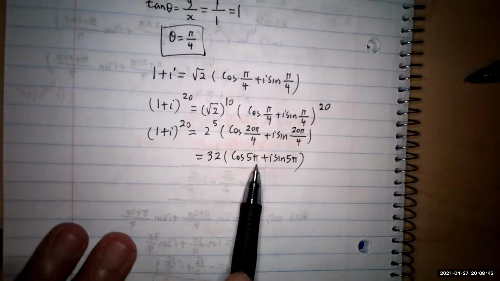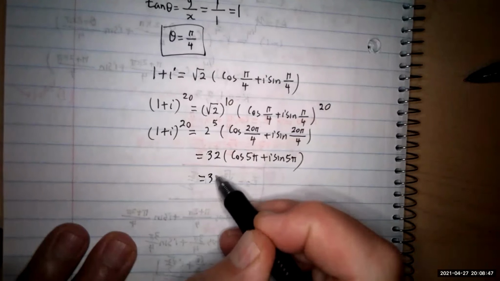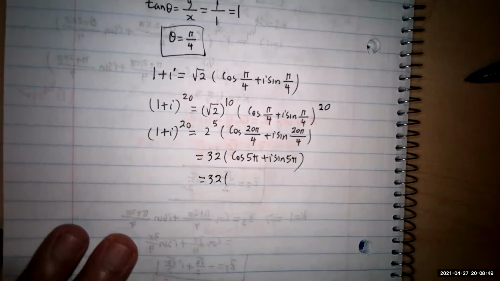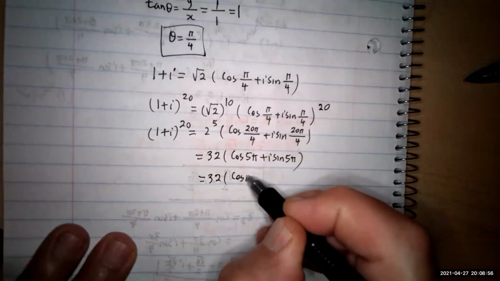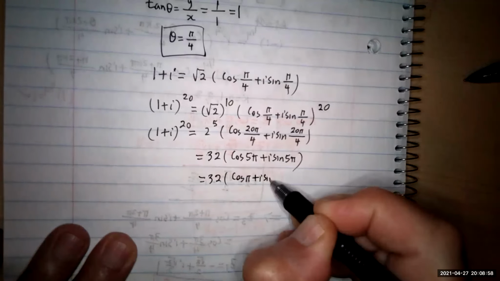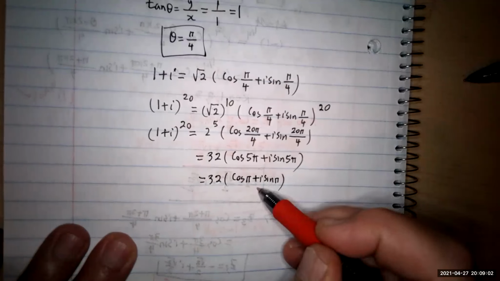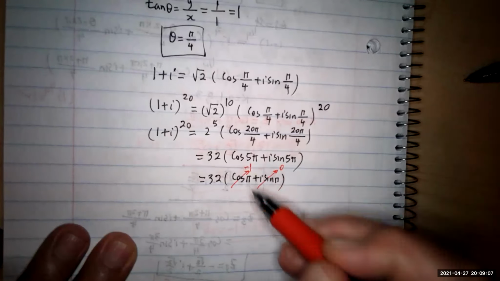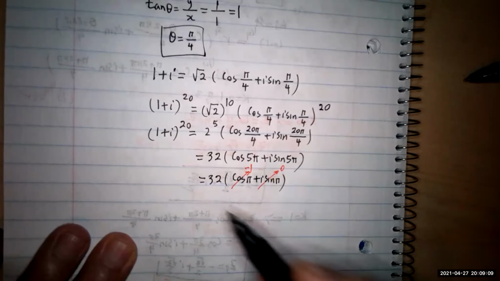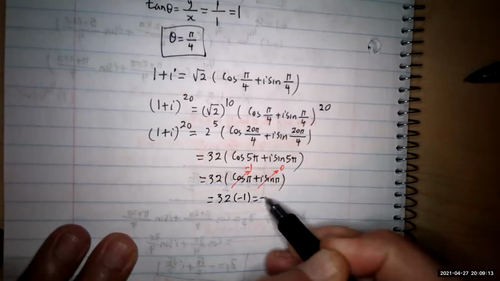It's 4 pi plus pi, because the sine and cosine are periodic, and this is the number of times you go around the circle. So it's going to be cosine of pi plus i sine of pi. The sine of pi is equal to 0, and the cosine of pi is -1. So the result is going to be 32 times -1, which is -32.